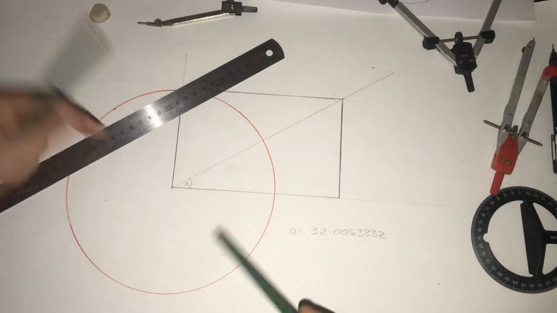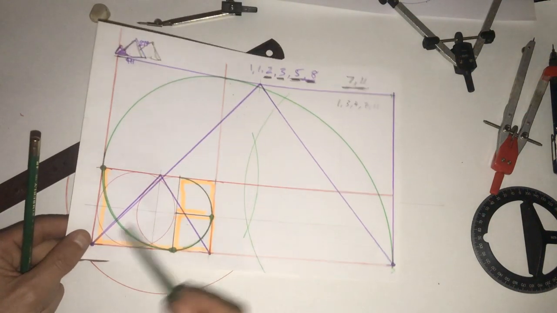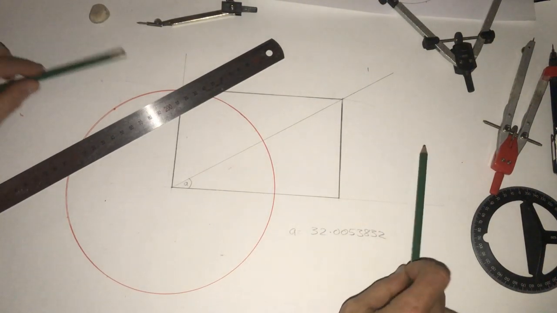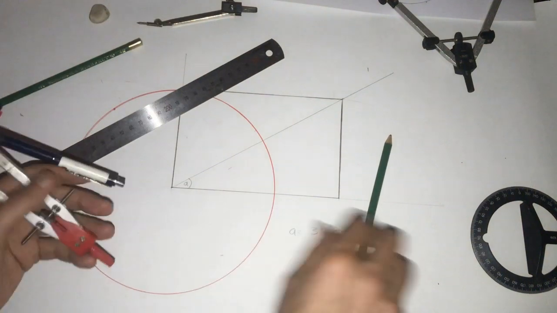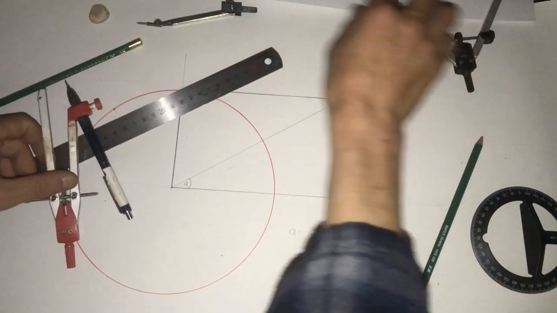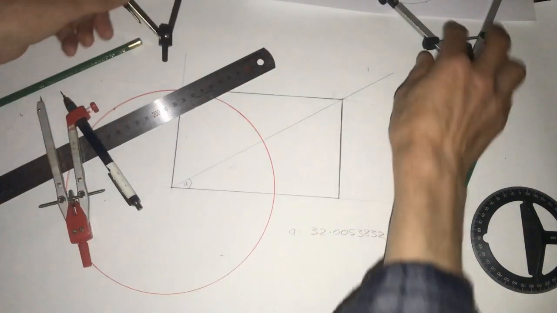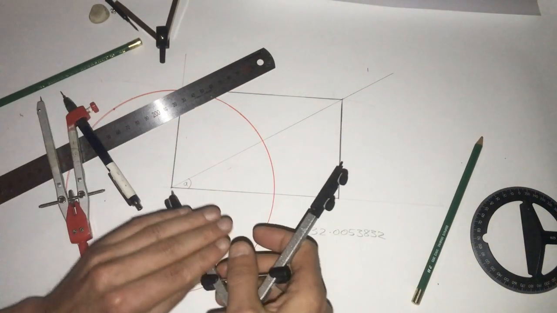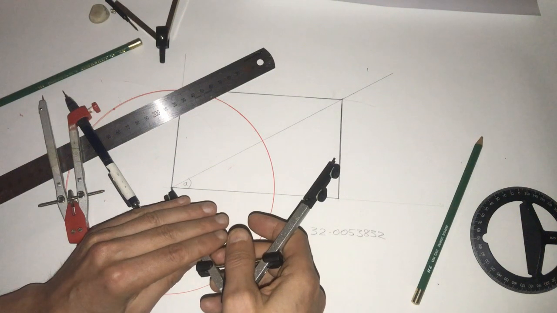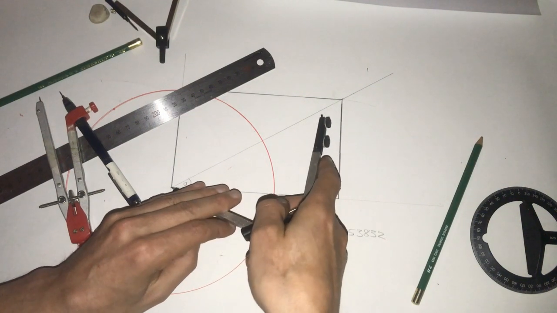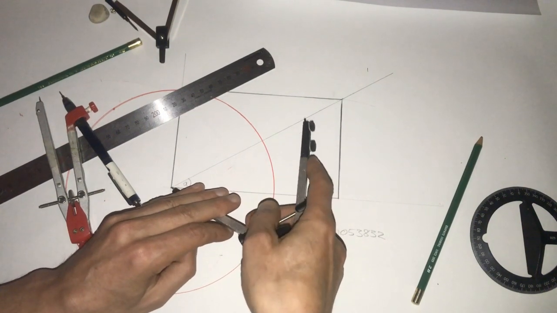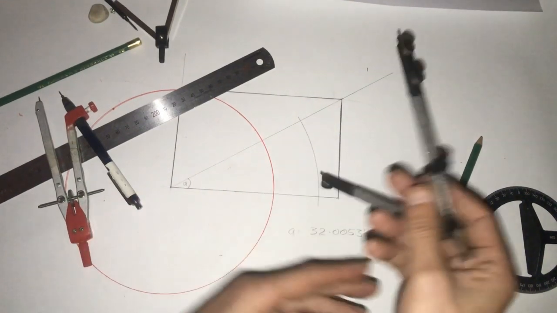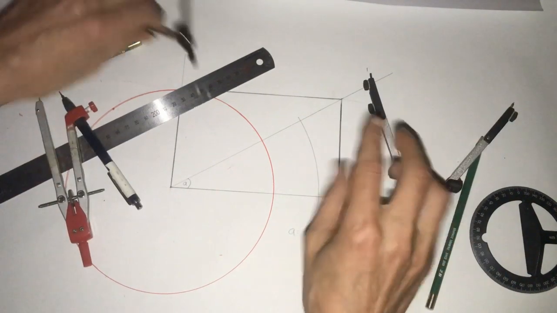So the 5 by 8 rectangle created by Menkaure pyramid is 32.00583, etc. Now we can just use the laws of Euclidean geometry, and now I'm going to bisect this angle, so I'm going to cut it in half. This you can do with 100% perfection using the Euclidean geometry. So I'm just going to draw an arc.